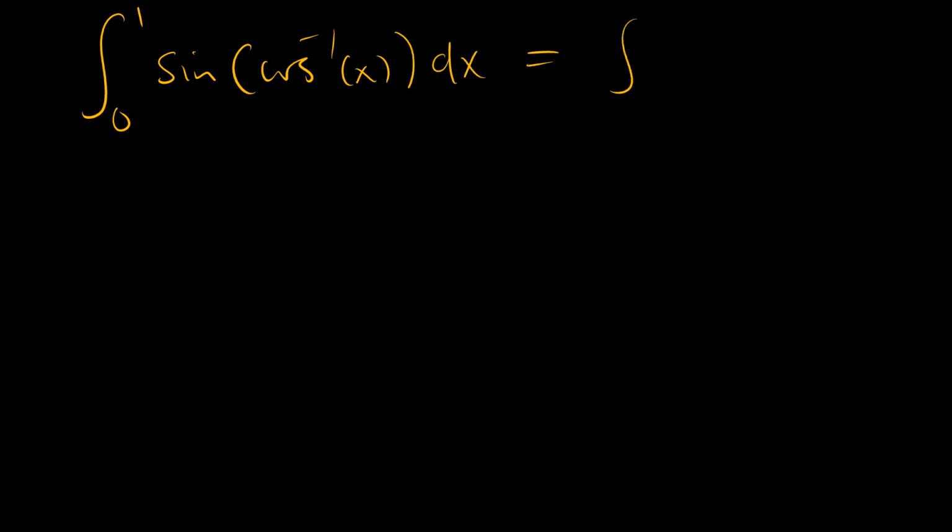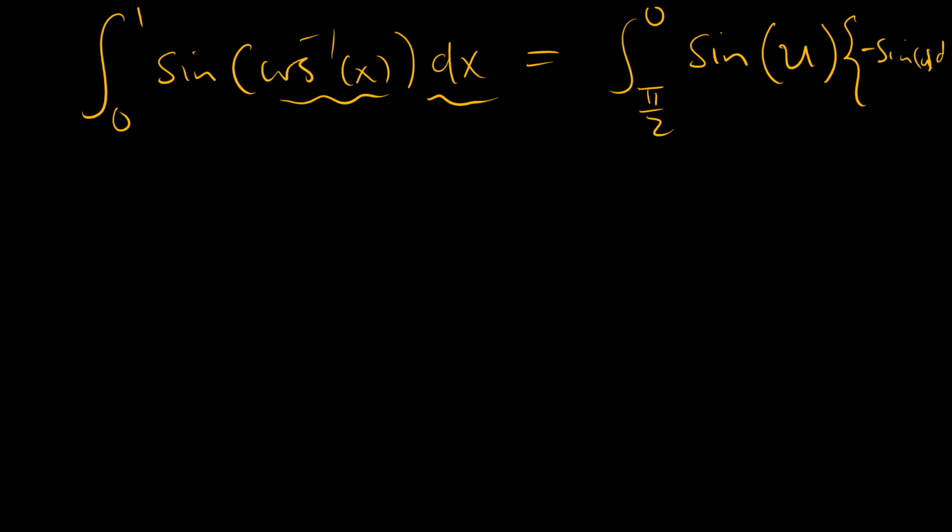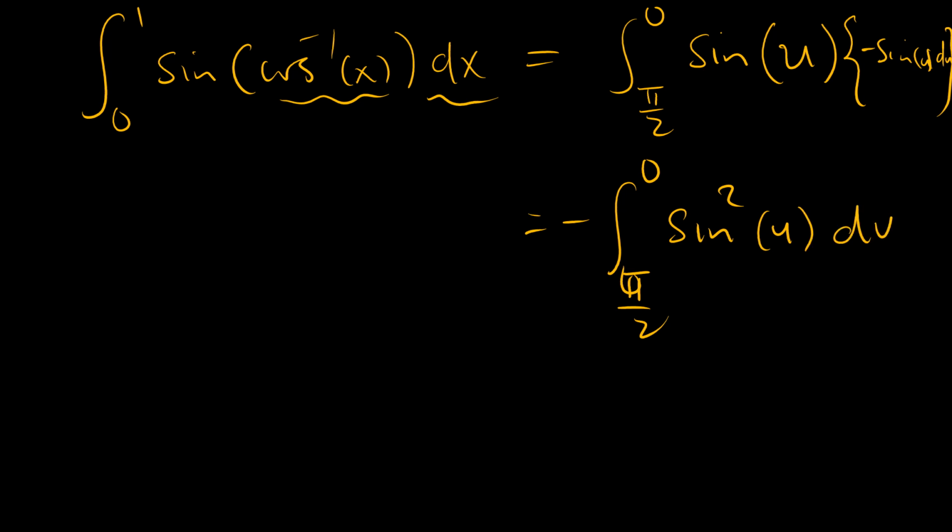So what that means is that our problem in the x domain is the same as we have 0 being pi over 2, 1 being 0, then we have sine, and here we substitute this with u, and in place of dx we have negative sine u du, which means that we now have negative integral from pi over 2 to 0 of sine squared u du.